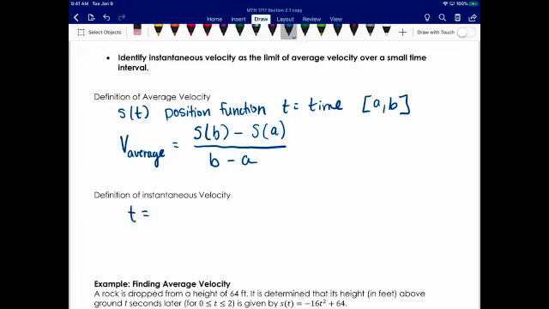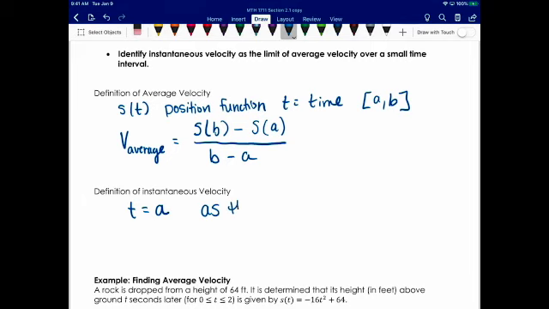Let's say you want to find the instantaneous velocity at a specific point a. Then as you pick your points so that your time value is getting closer and closer to a, you're going to approach the instantaneous velocity.